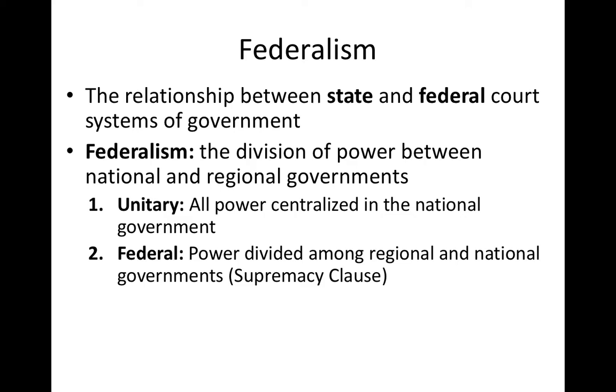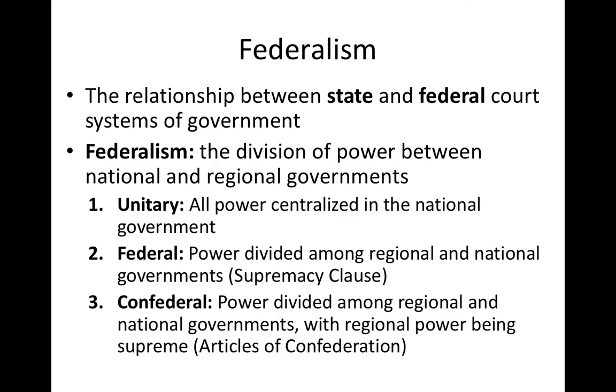So this is exemplified, of course, by the Supremacy Clause in addition to other parts of the U.S. Constitution. And then finally, you have a confederal form of federalism. This is really exemplified by the U.S.'s experience under the Articles of Confederation, which, of course, was the precursor to the U.S. Constitution. So here the power, again, is divided among regional and national governments, but regional power reigns supreme.